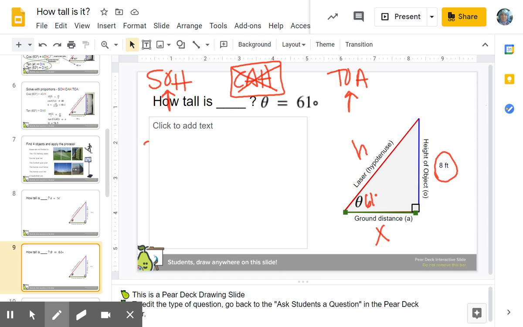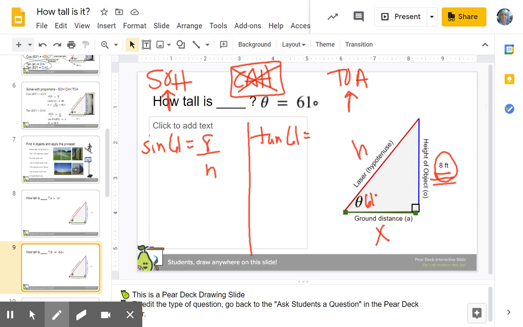So we write our equations out. Sine of 61 equals, and we make that into a fraction, O over H. And then tangent, the angle always goes next to that sine, cosine, or tangent, equals opposite.